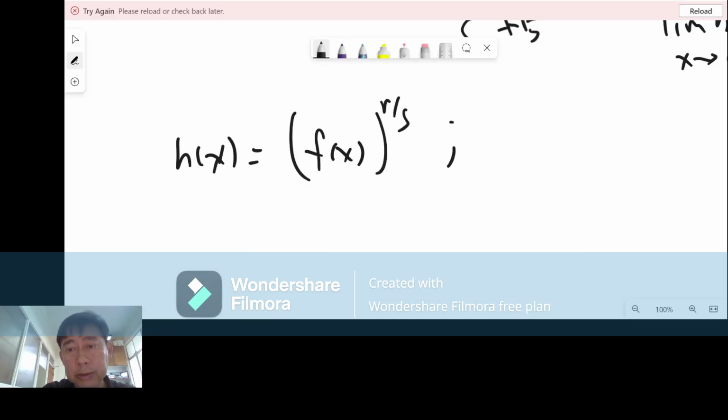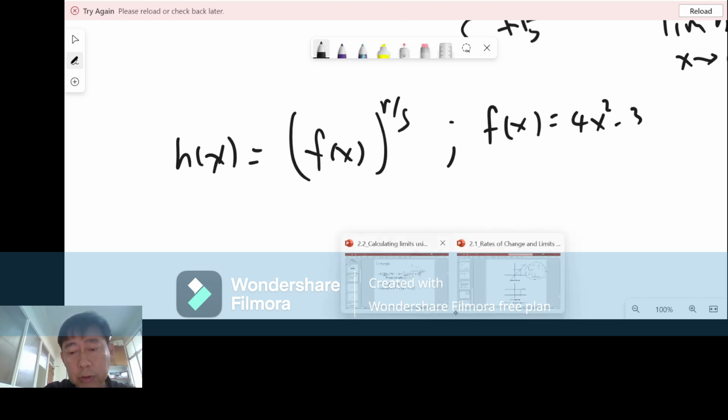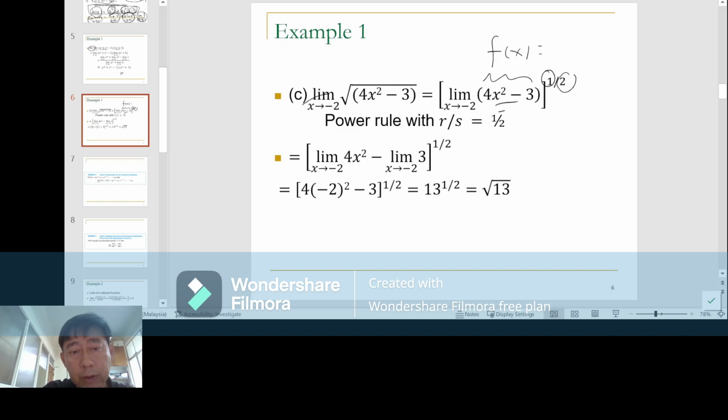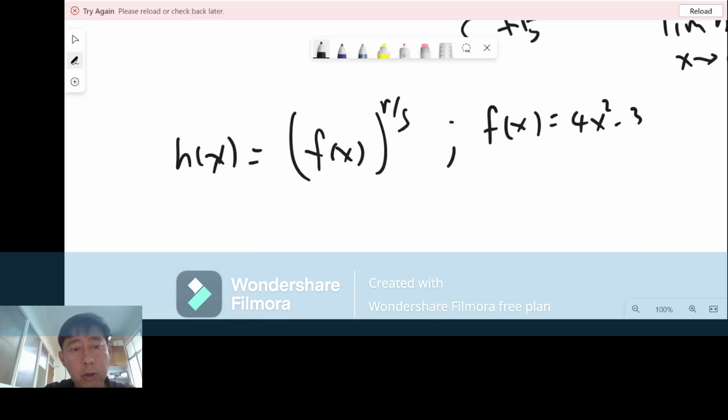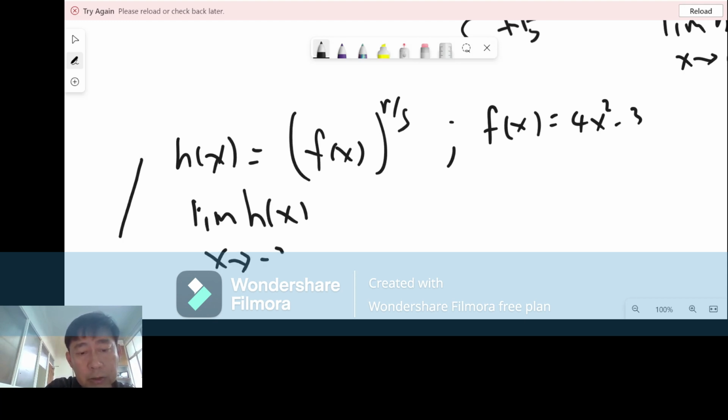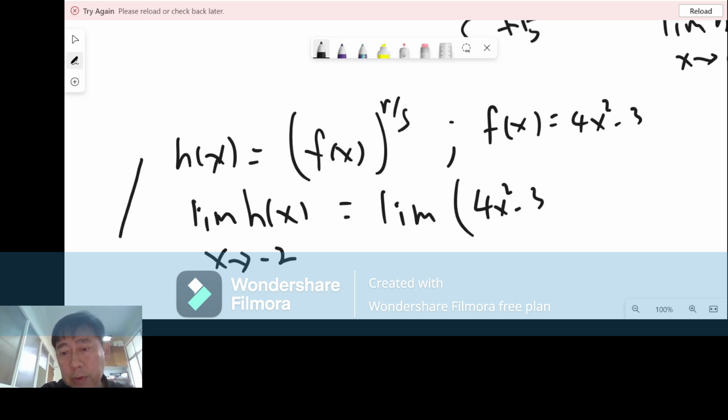The limit we are going to solve is when x tends towards minus 2. So we want to know the limit of h(x) when x tends towards minus 2. This is the same as the limit of (4x squared minus 3) raised to a power of 1/2 when x tends towards minus 2.